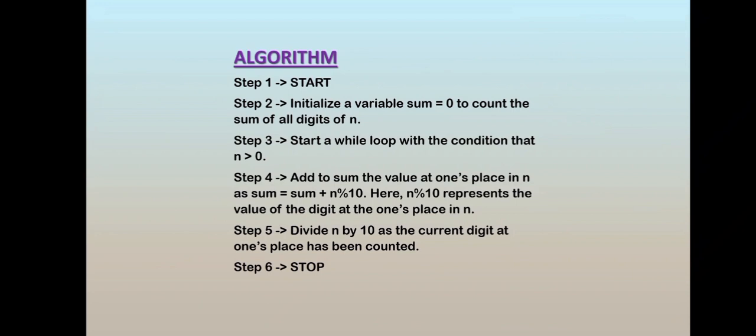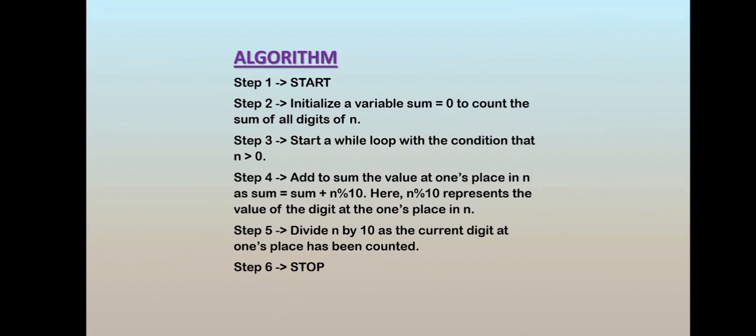So to retrieve the last digit, that is the ones place number, we use sum is equal to sum plus n modulo 10. When we perform this process, we get the ones place digit, so that we could take each digit likewise and add to get the sum. So we are using this statement. N modulo 10 is used over here to get the final digit of a number.